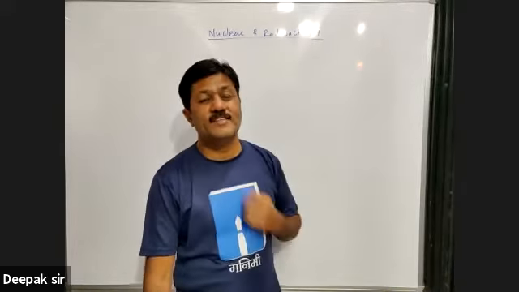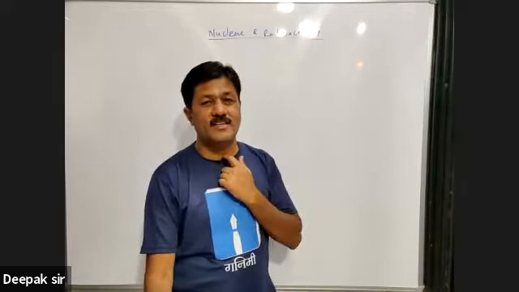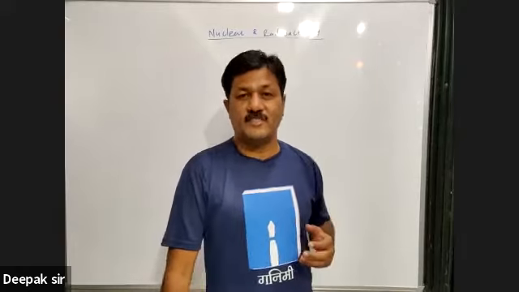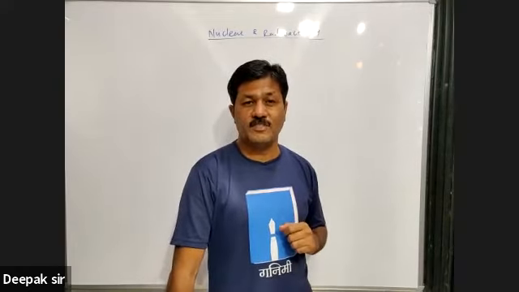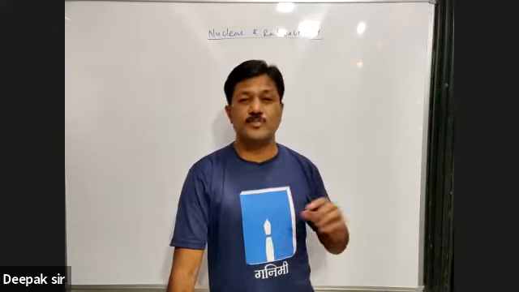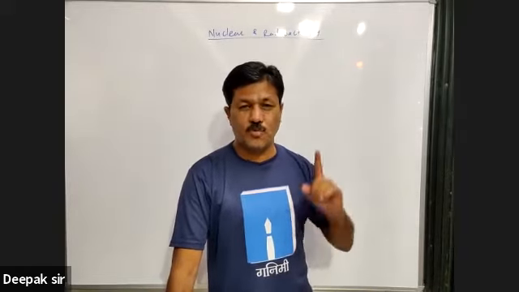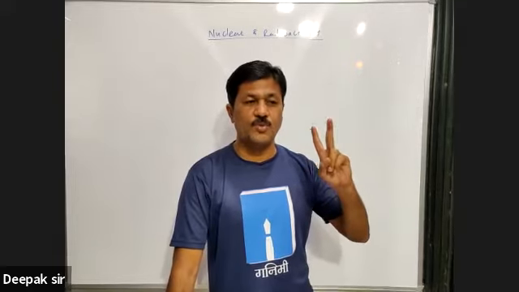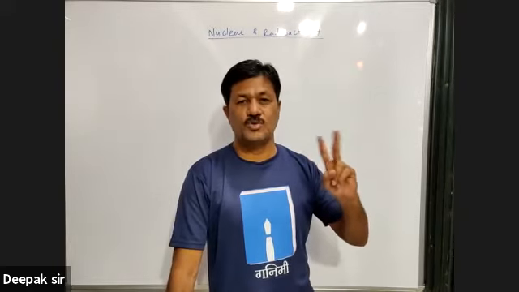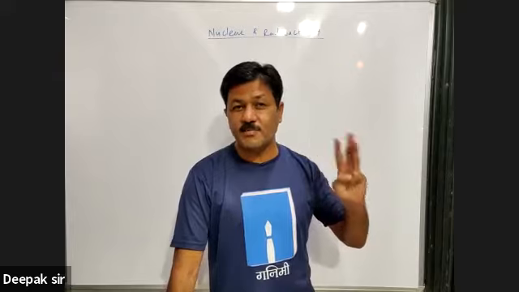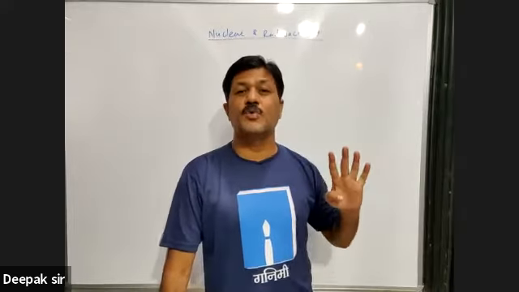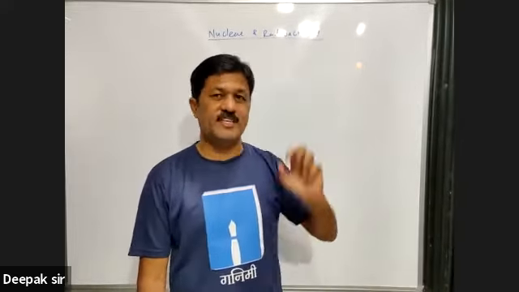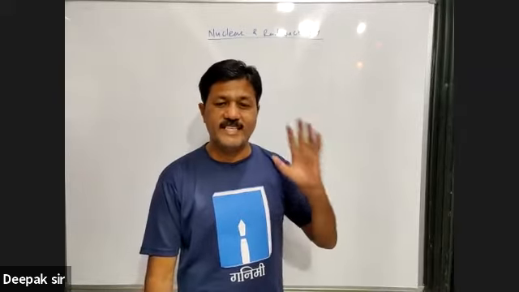Also, we have seen which factors the stability depends upon, which is one of the important topics in this chapter. Number 1 factor is odd or even number of protons or neutrons. Number 2 is the proton to neutron ratio. Number 3 is the magic number. Number 4 is the nuclear potential. And number 5 is the nuclear binding energy.